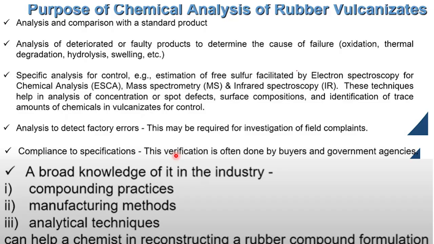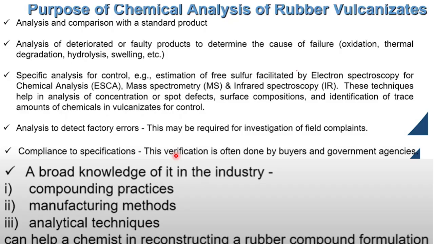Now, what is the purpose of chemical analysis of a rubber vulcanizate? To analyze and compare with the standard product, and to analyze a deteriorated or faulty product to determine the cause of failure, whether it is oxidation, thermal degradation, hydrolysis or swelling. Specific analysis for control, for example estimation of free sulfur, is facilitated by electron microscopy, electron spectroscopy for chemical analysis, mass spectrometry and infrared.